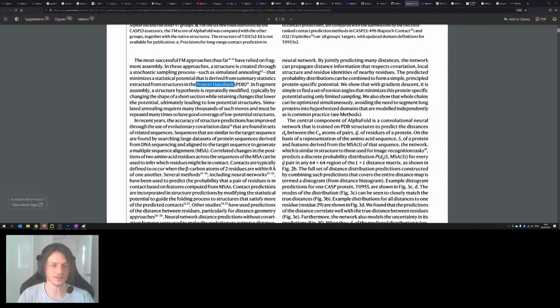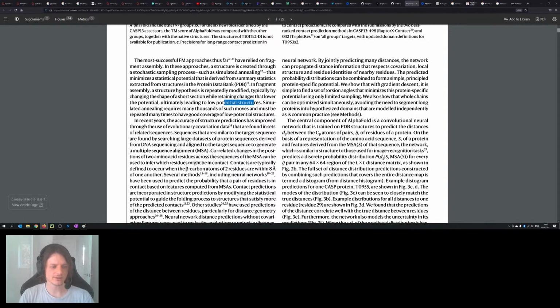Okay, right, let's continue. So in fragment assembly, a structure hypothesis is repeatedly modified, typically by changing the shape of a short section while retaining changes that lower the potential, ultimately leading to low potential structures. Simulated annealing requires many thousands of such moves and must be repeated many times to have good coverage of low potential structures.